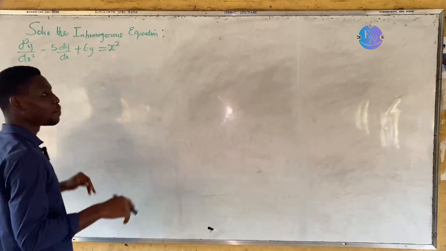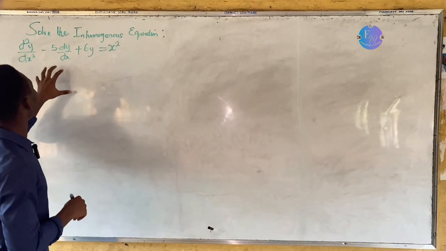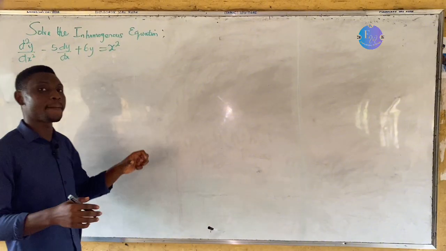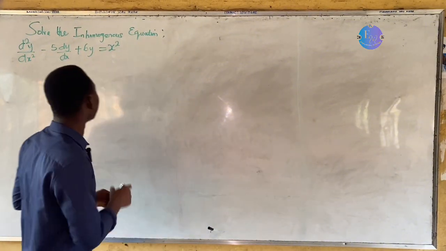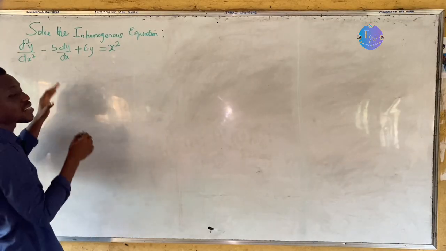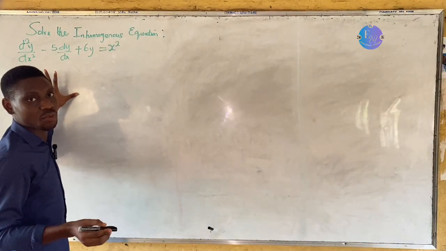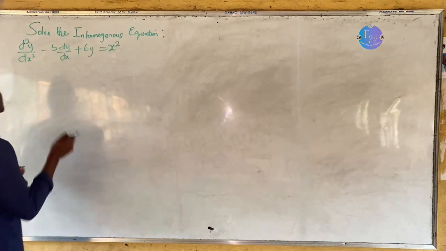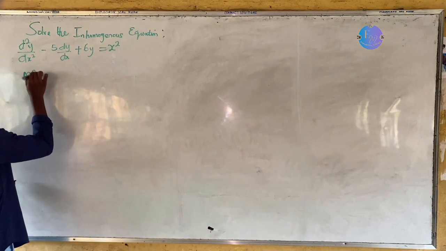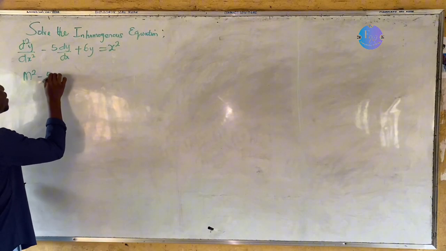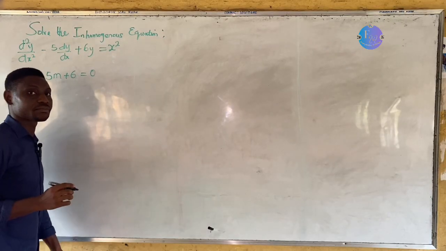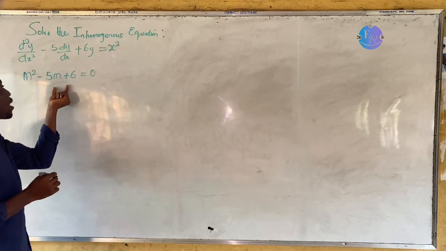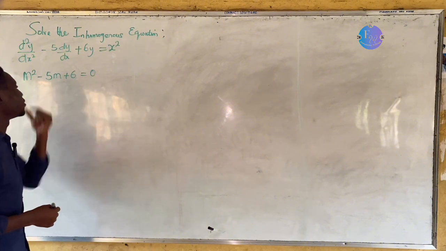The first thing to do is to find the values of m, m1 and m2. To do so, let's change the left hand side into a quadratic equation by writing it as m squared minus 5m plus 6 equal to 0. So right now we can solve it by factorization.